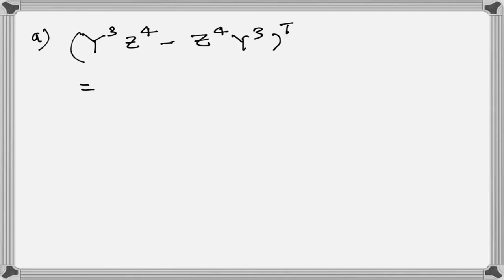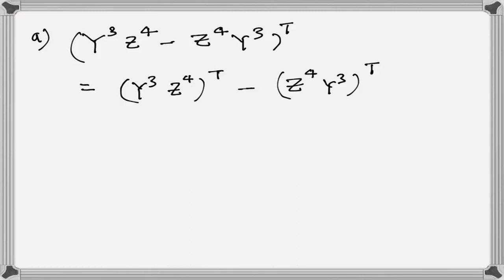So let's go to part A. This is the matrix we need to investigate: y cube z^4 minus z^4 y cube. Let's take the transpose. This is nothing but (y cube z^4) transpose minus (z^4 y cube) transpose.